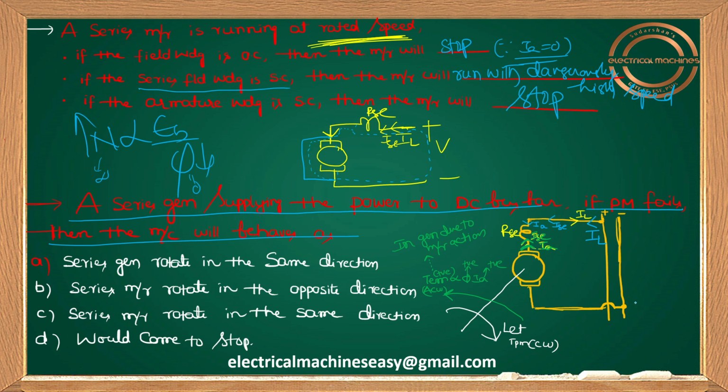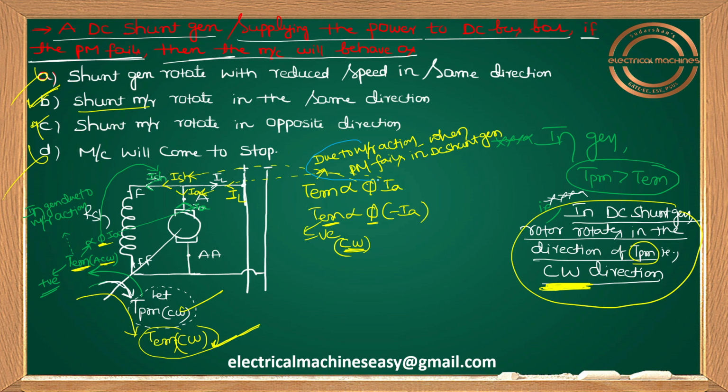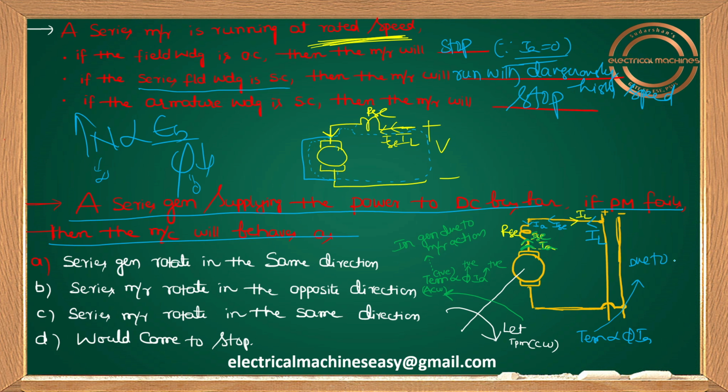Please try to understand: Tm is proportional to phi into IA. This Tm is due to motor action when the prime mover fails in a DC series generator.